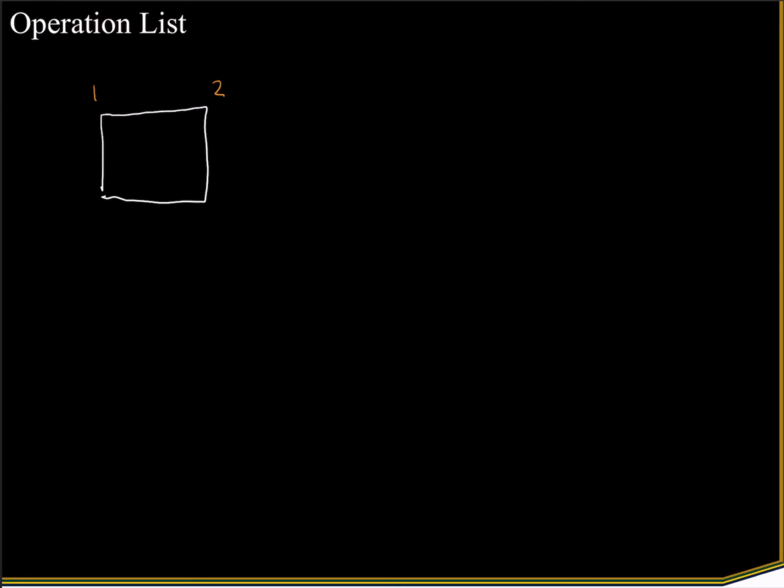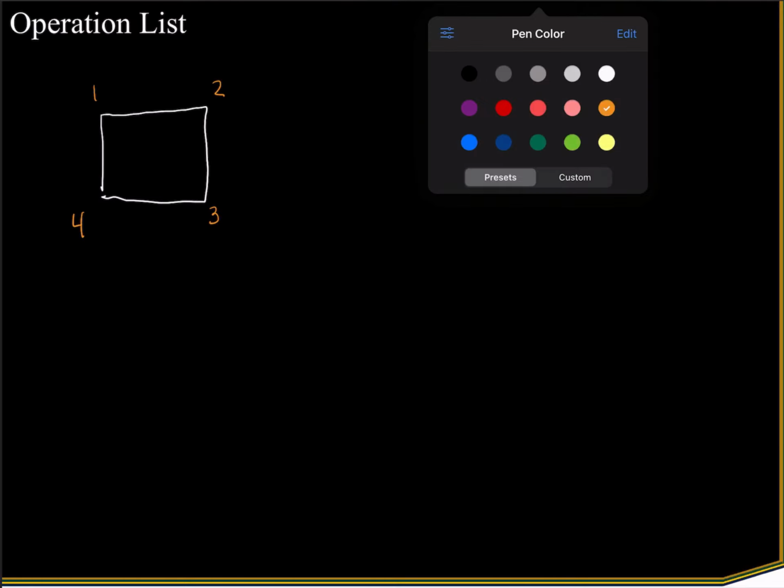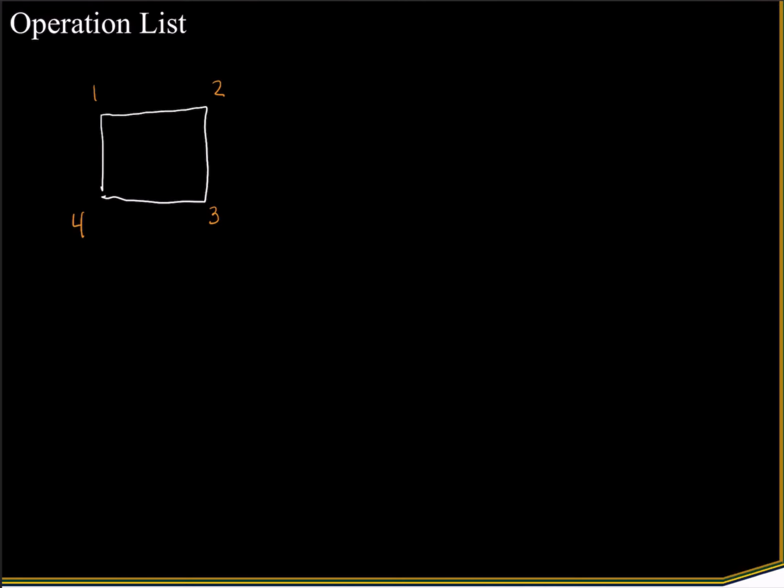We have 1, 2, 3, and 4. And what we have now is a range of different C2 operations that can occur. These are no longer our principal rotation axis. The principal rotation axis was that C4 axis that we looked at before. These are now going to be different from our C4 axis. The first set of C2 axes that we're going to look at cuts this square in half.